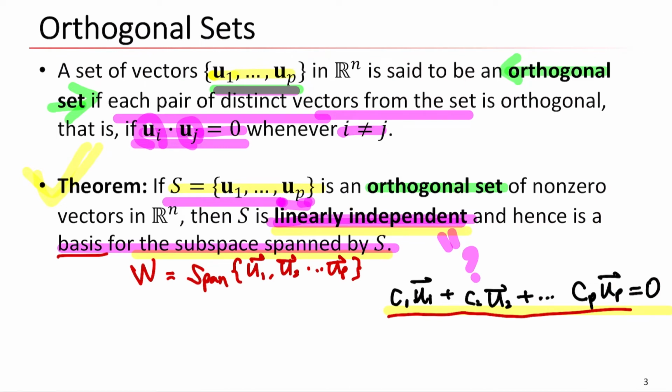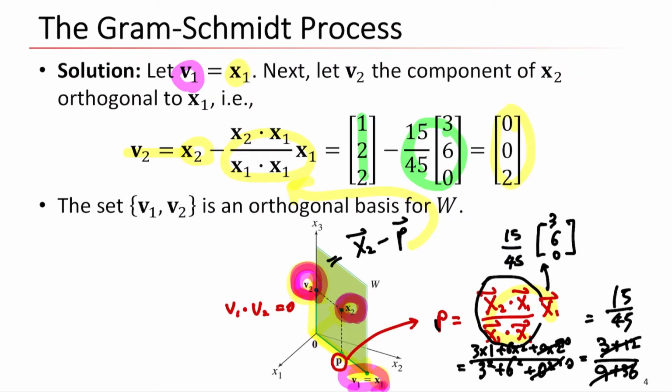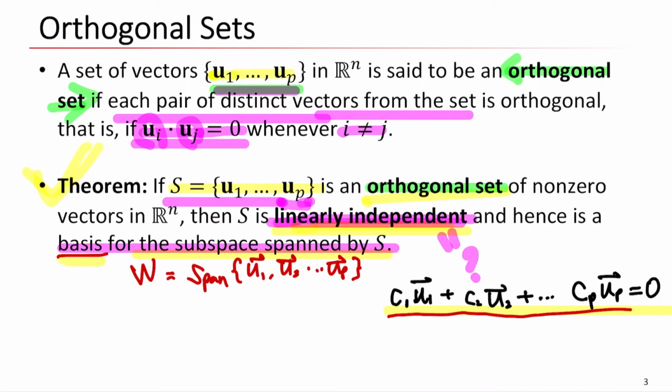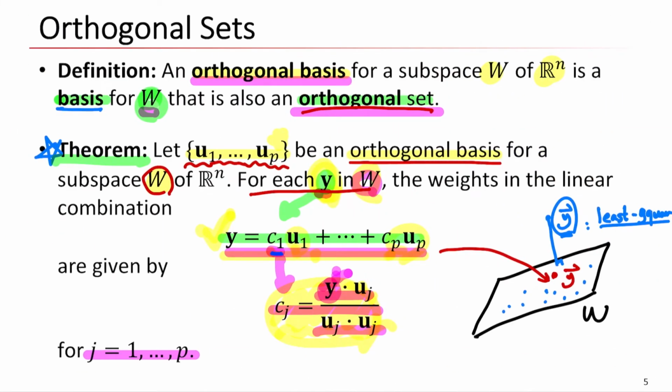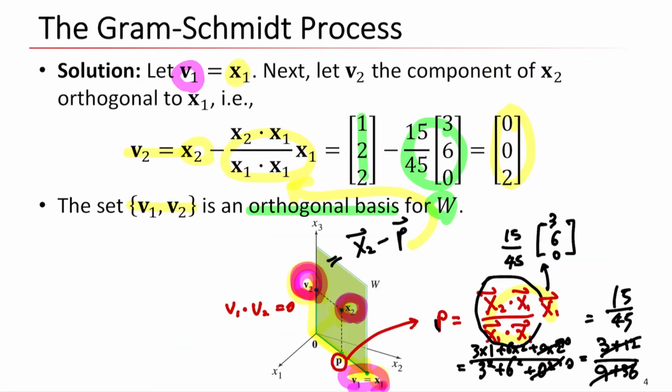So because they are an orthogonal set, they are linearly independent, hence they are a basis for the subspace spanned by W. So it means that V1 and V2 are orthogonal to each other. So the set V1 and V2 is finally an orthogonal basis for W, as you can see, lecture 9.22, right? Orthogonal set, so orthogonal basis, right? Okay, so we found V1 and V2.